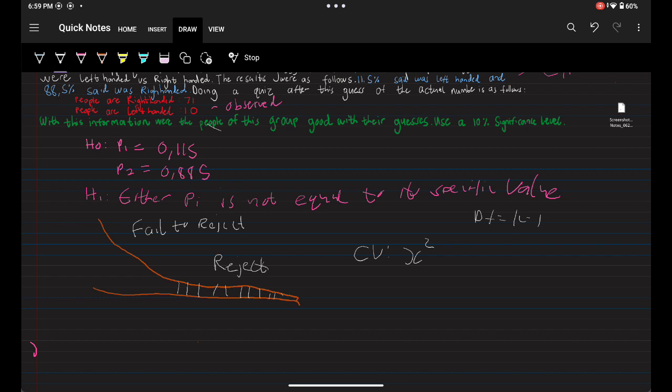Right-handed and left-handed, there are 2 categories. So 2 minus 1 is equal to 1. So degrees of freedom is 1. And what is the area to the right? They tell you it's a 10% significance level. That means the area to the right is 0.1. That's easy. So we're looking for the chi-squared in the table that has degrees of freedom 1 with 0.1 on the right.